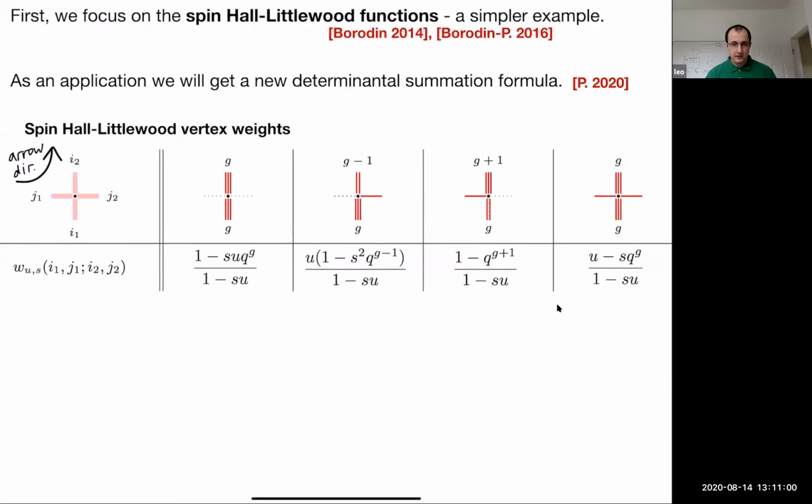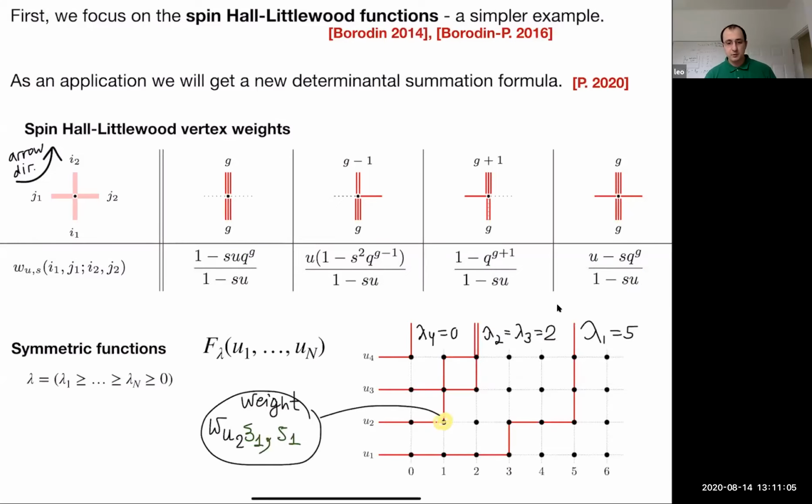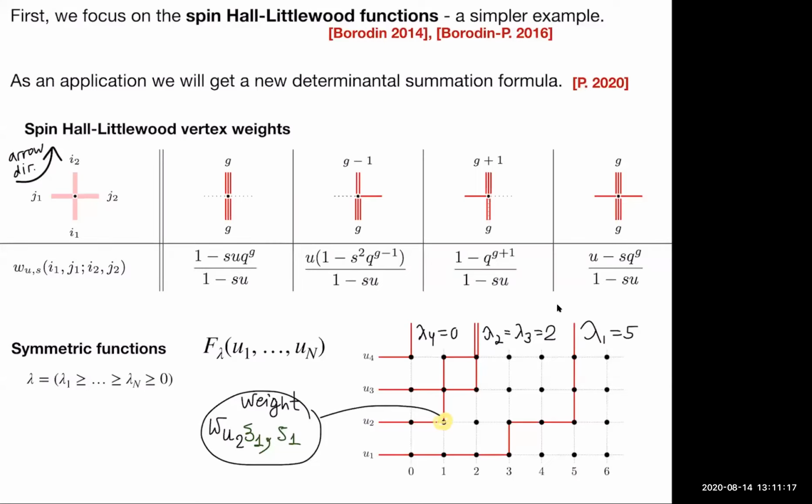Then you layer the row operators on top of each other and impose certain boundary conditions, and in this way you obtain inhomogeneous spin Hall-Littlewood functions, F lambda of u_1 through u_n, where lambda is the label of the top boundary condition, which can be arbitrary, and lambdas encode arrows exiting from the top, like there is an arrow exiting at location lambda 1, at location lambda 2, at location lambda 3, and so on.